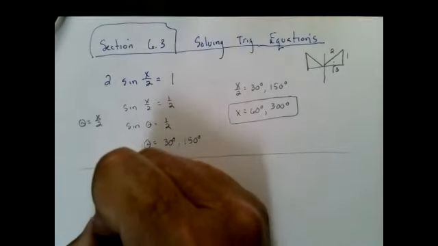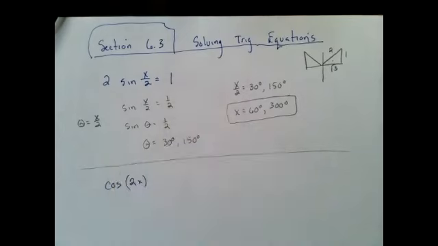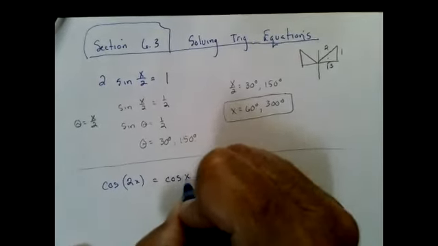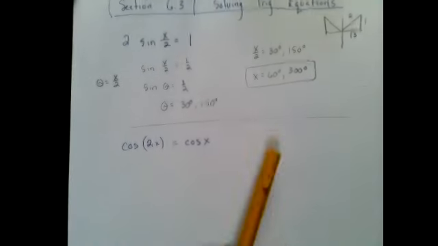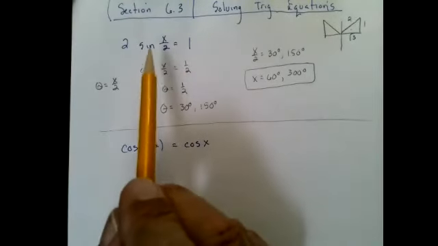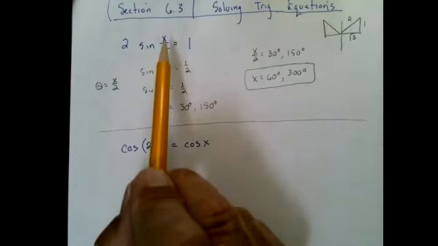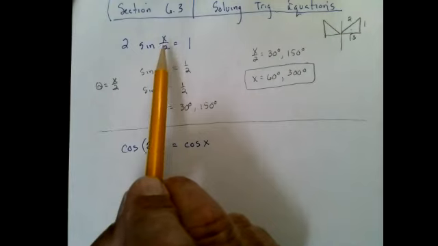How about this one? Cosine of 2x equals cosine of x. Let's see, up in this last one, I only had one trig function, and inside the parentheses it was x over 2.